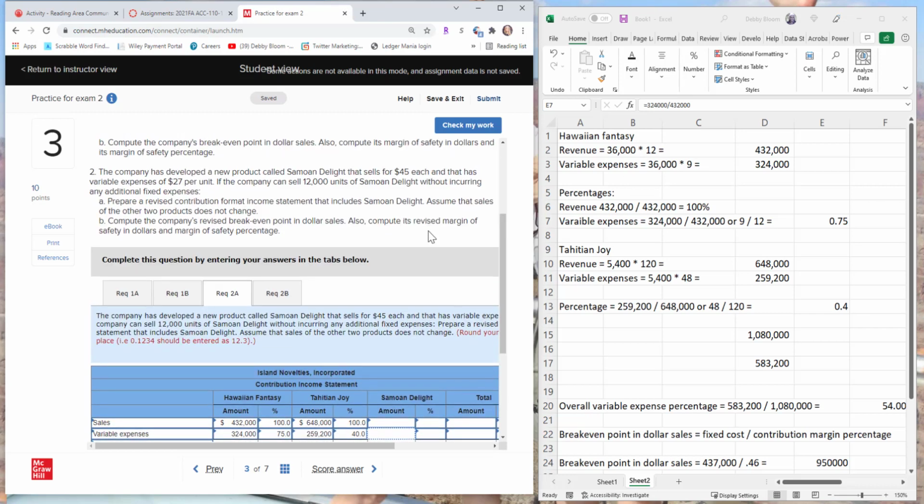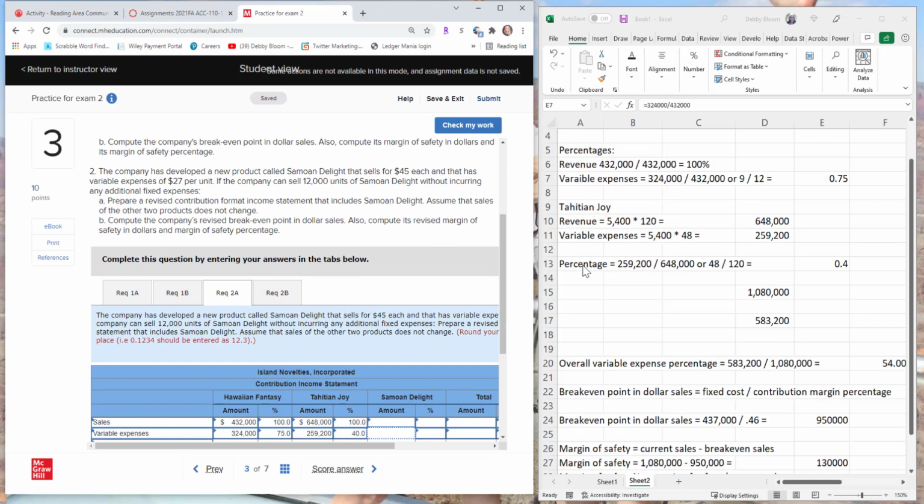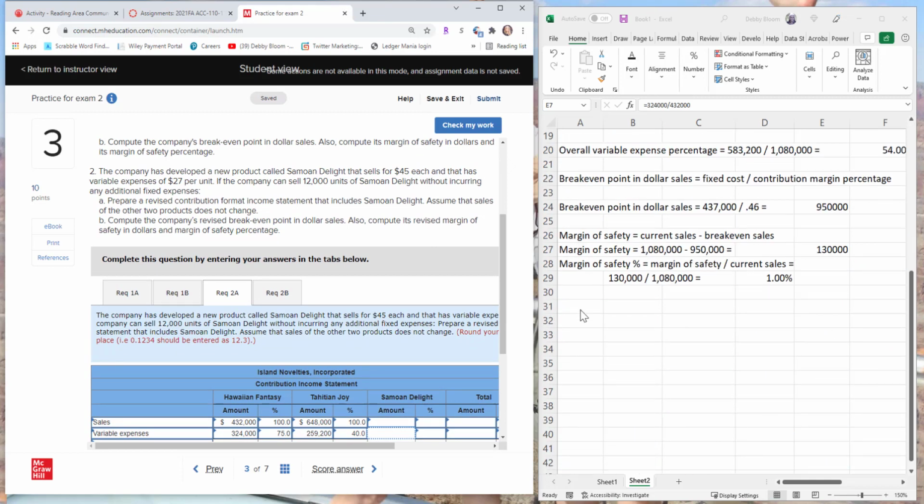Now we're just going to add our Samoan Delight. So, for our Samoan Delight, the revenue is going to be 12,000 units times 45.